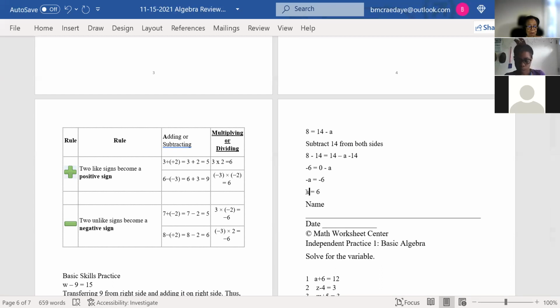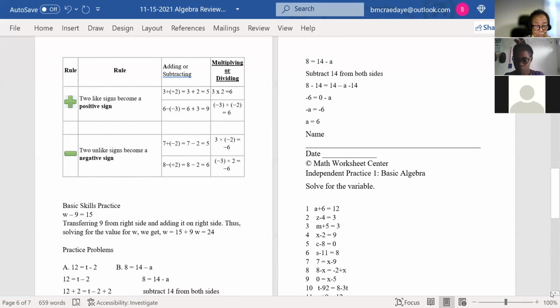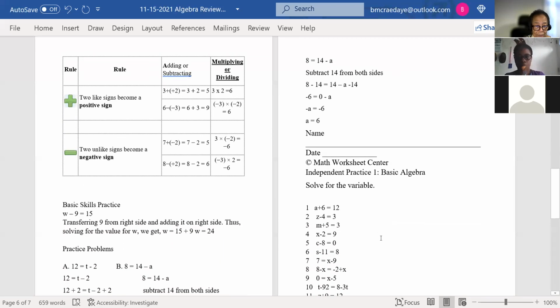So I have some practice ones I want you to do. I want you to solve for the variable, and you can do it either by doing the same operation on the left side and the right side, or you can just use mental math. I want you to do the first 5, and it should take you just a few minutes. Just do the first 5 and tell me what you get.